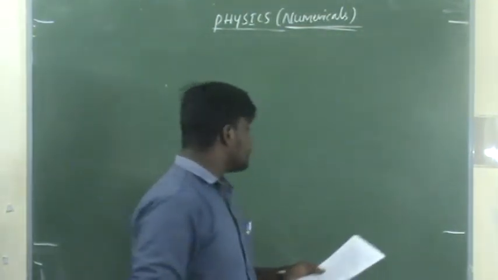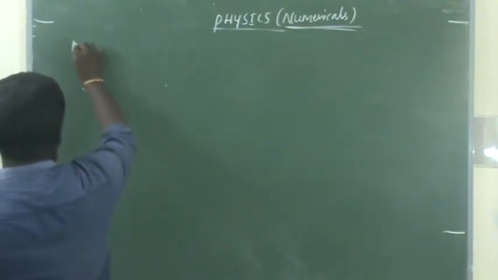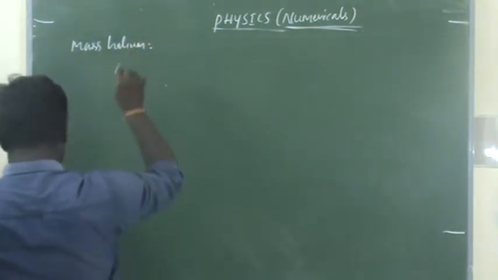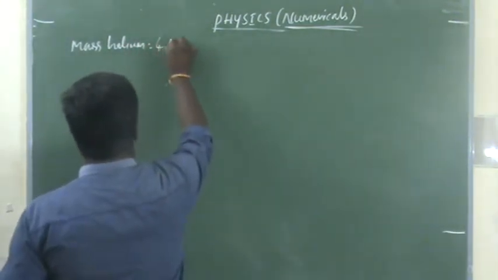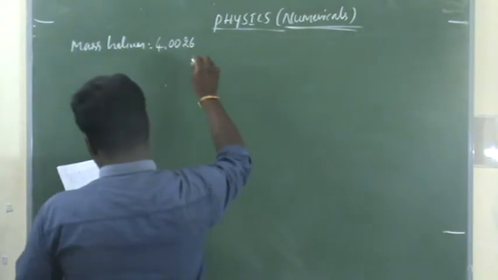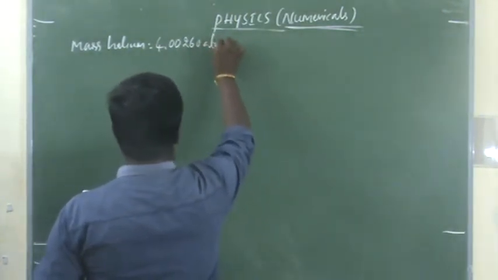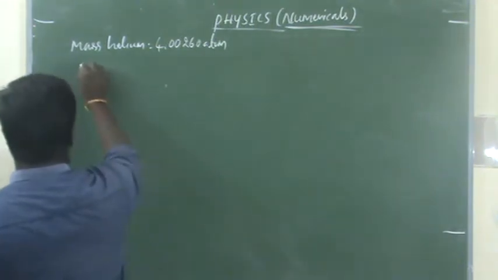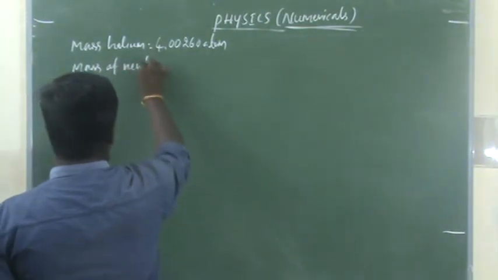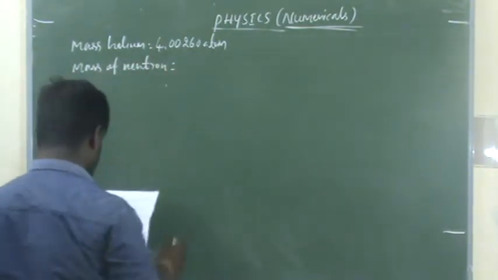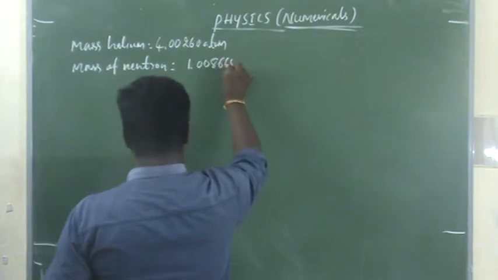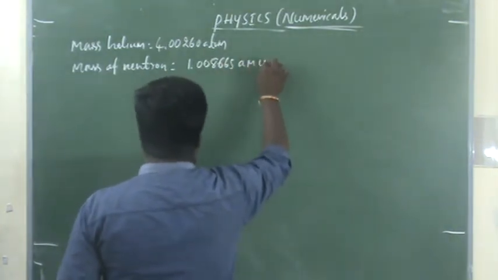Mass of helium is 4.00260 atomic mass unit, and mass of neutron is 1.008665 atomic mass unit.